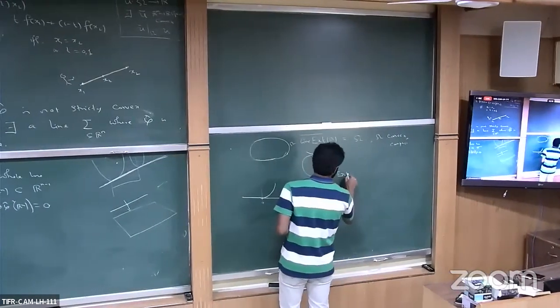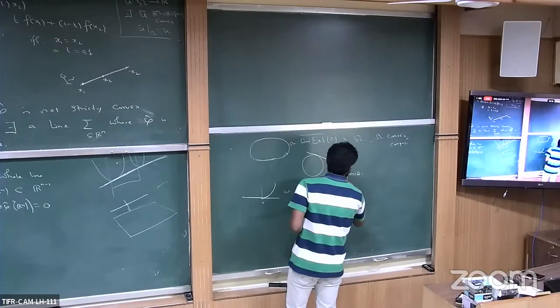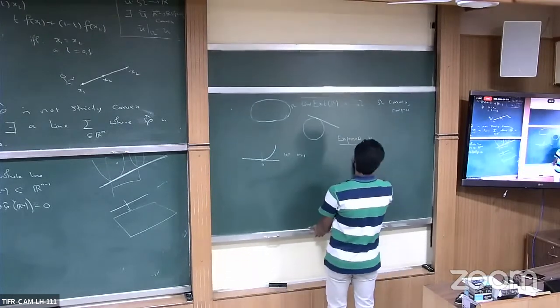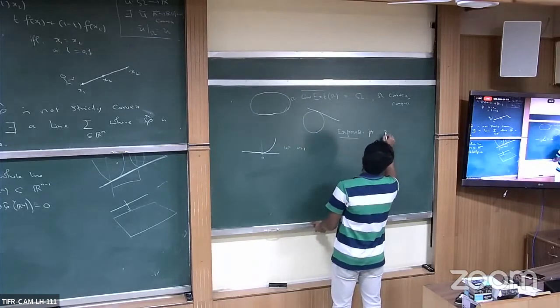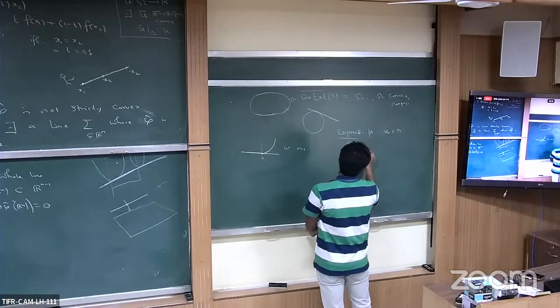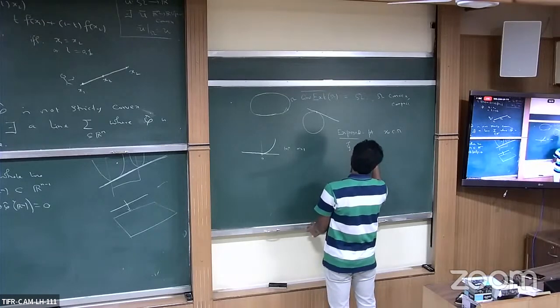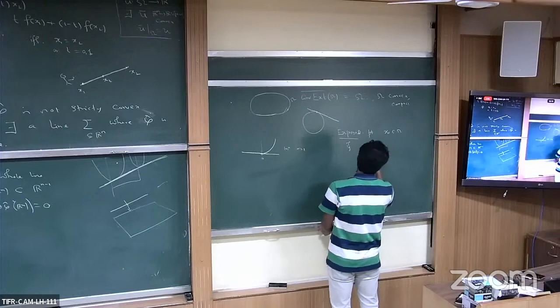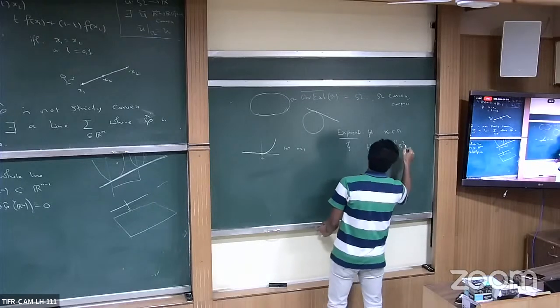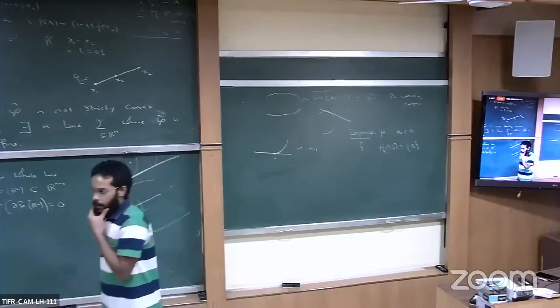And an exposed point is defined through the supporting hyperplane. Okay, so a point x naught in omega is exposed if there is a supporting hyperplane such that the hyperplane intersected with omega is only the single point x naught. Okay, so that is the definition.